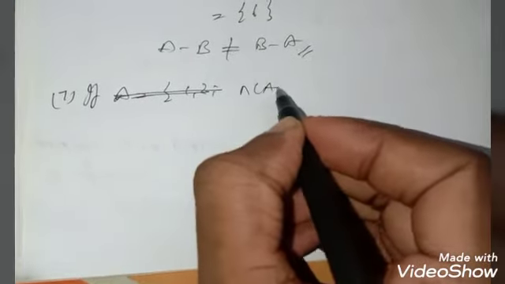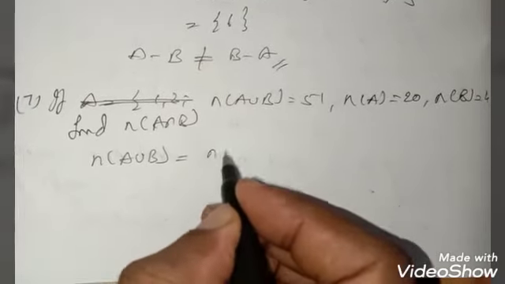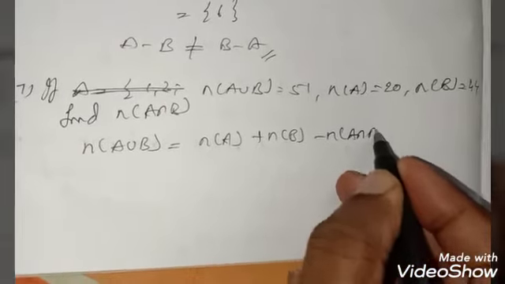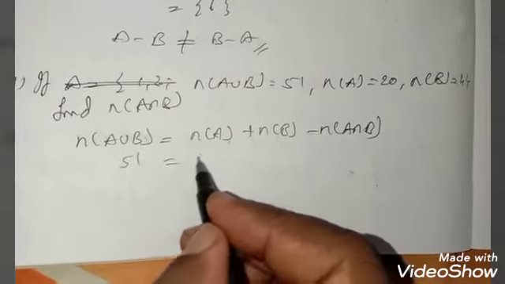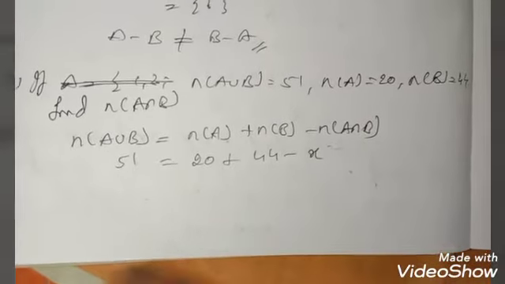If n of A union B is equal to 51, n of A is equal to 20, and n of B is equal to 44, then find n of A intersection B. As per the relation of cardinal numbers of sets, n of A union B is equal to n of A plus n of B minus n of A intersection B. Here n of A intersection B is not given, so I denote it as x.